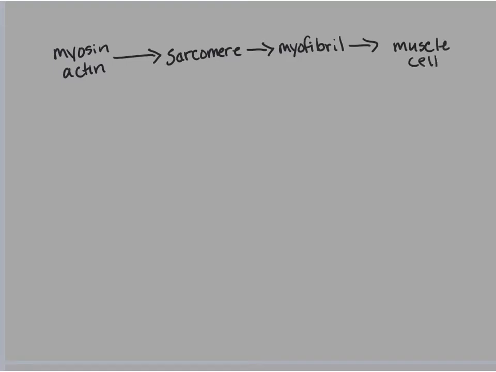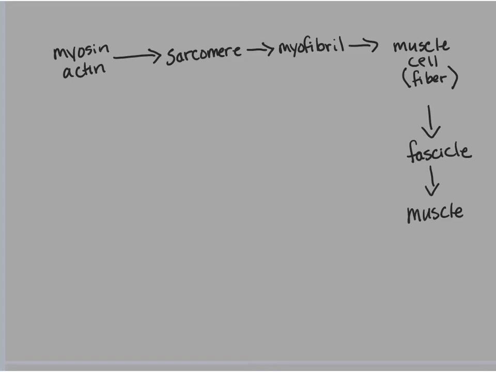Another name for a muscle cell could be a muscle fiber, so know that you'll see both of those terms used. Many muscle cells come together to make what we call a fascicle, and many fascicles come together to make what we call a muscle.